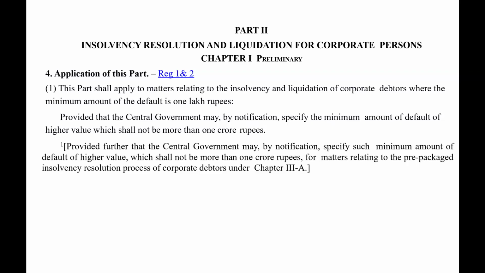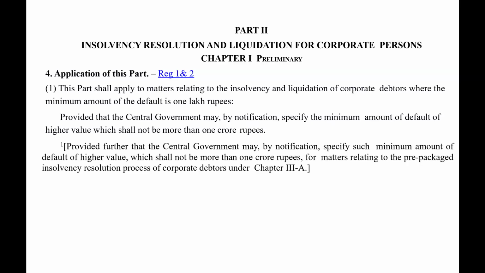So in the act itself, they have enacted an enabling provision that okay, central government will simply issue a notification and they will increase the amount to 1 crore rupees. Now the question is, if they want to increase it beyond 1 crore, then there has to be an amendment to the act, right?